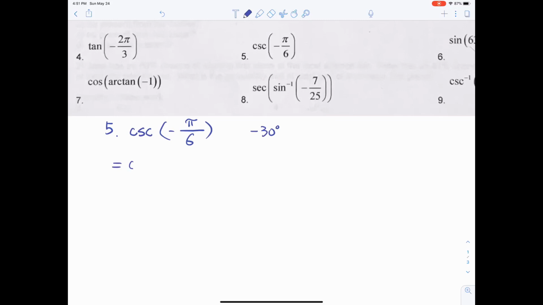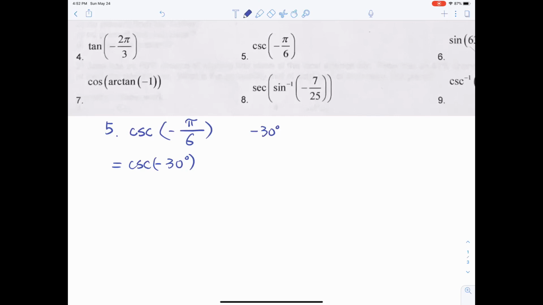Equal to cosecant negative 30 degrees. What is cosecant? It just makes me very confused. I know some people can do it, but I'm much more comfortable with sine, cosine.